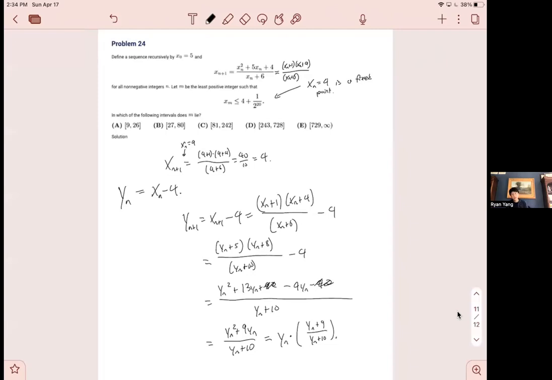So basically, we have figured out for y sub n what the next value of y sub n is going to be, and this is quite a clean formula. And in general, we have that y sub n is going to be in (0, 1], because x naught equals 5 implies that y naught equals 1. And it's only going to be going down from there because this factor is less than 1.